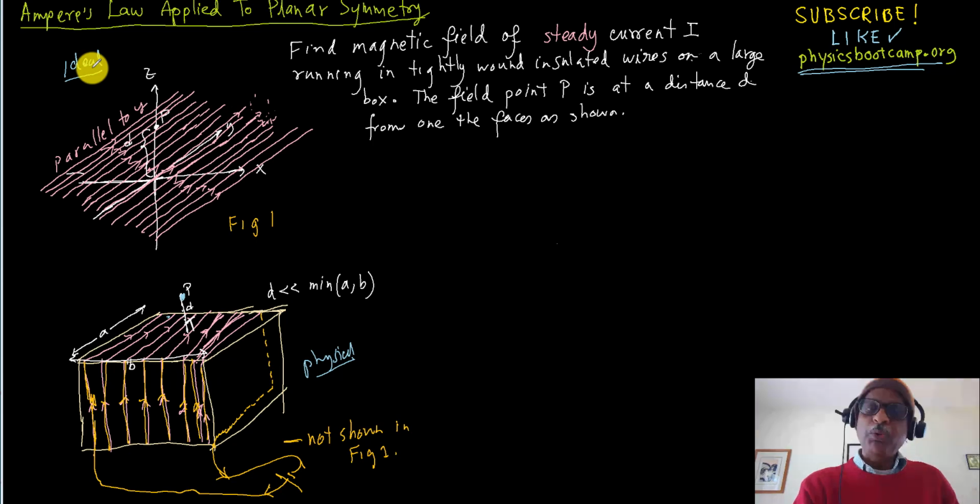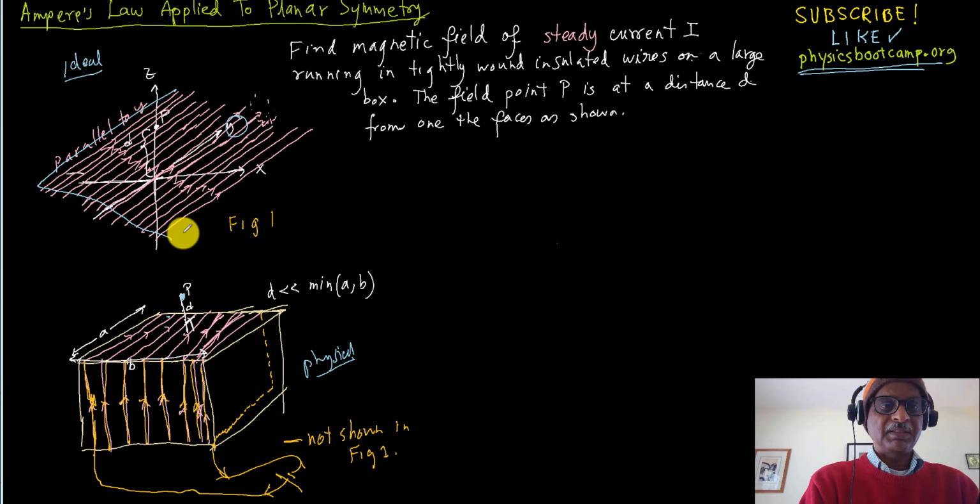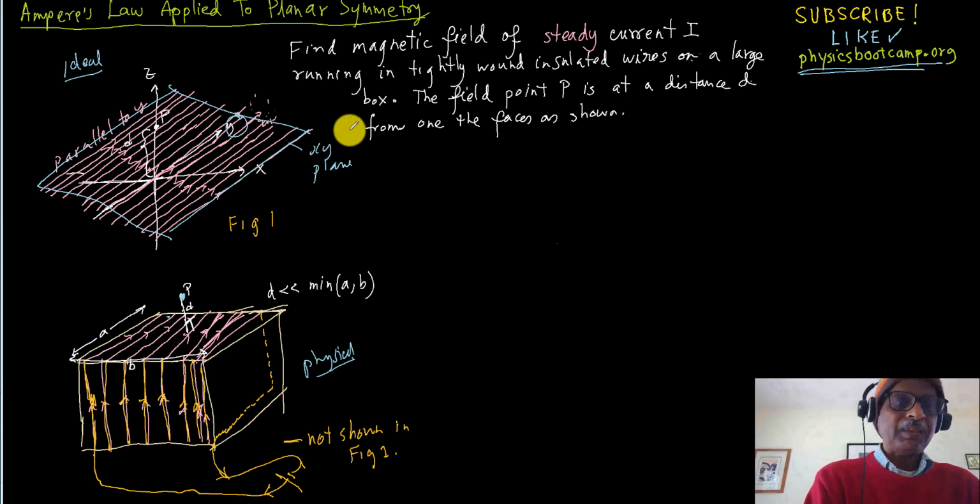We're going to solve an even more idealized version than that. So the current is going, say, along the y-axis. You might think of this as the xy plane, and here's the origin.